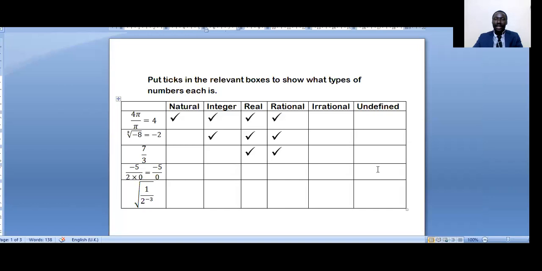So all the way up to here. Yes. Then the next thing is possibly the last part of question 1. We have the square root of 1 divided by 2 raised to power -3. How do you simplify this?